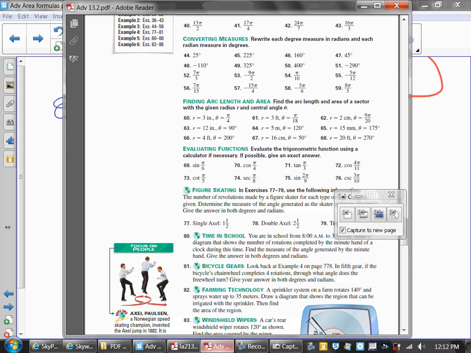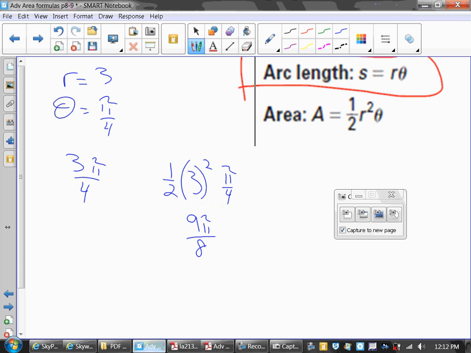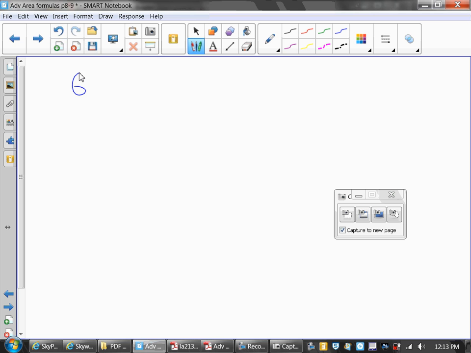16 and 50. 16 is your radius, and it's 50 degrees. So we have to convert that into radians, because everything has to be in radians. So you multiply it by pi, put it over 180. So you get 5 pi over 18 is your theta.